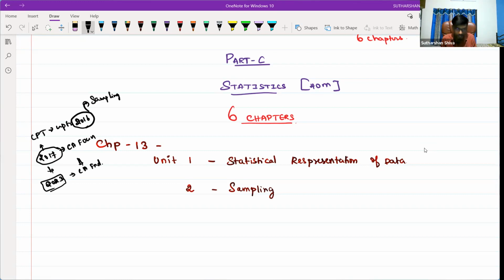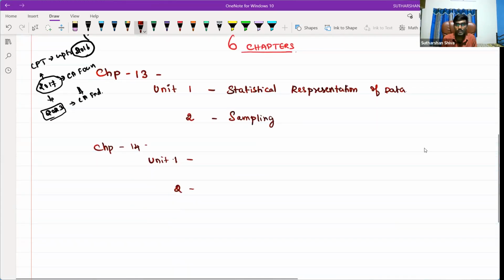Then coming back, we are seeing chapter number 14. Again, in this chapter number 14, we have 2 units, unit 1 and unit 2. Unit 1, we will call measures of central tendency.